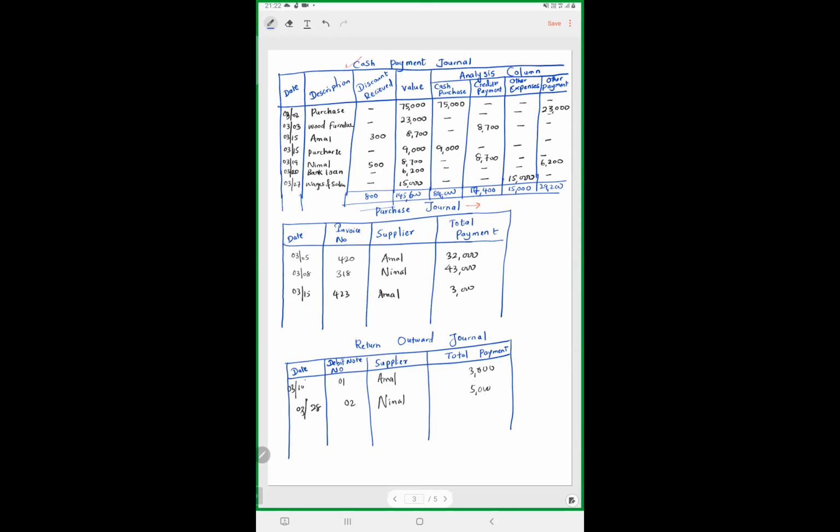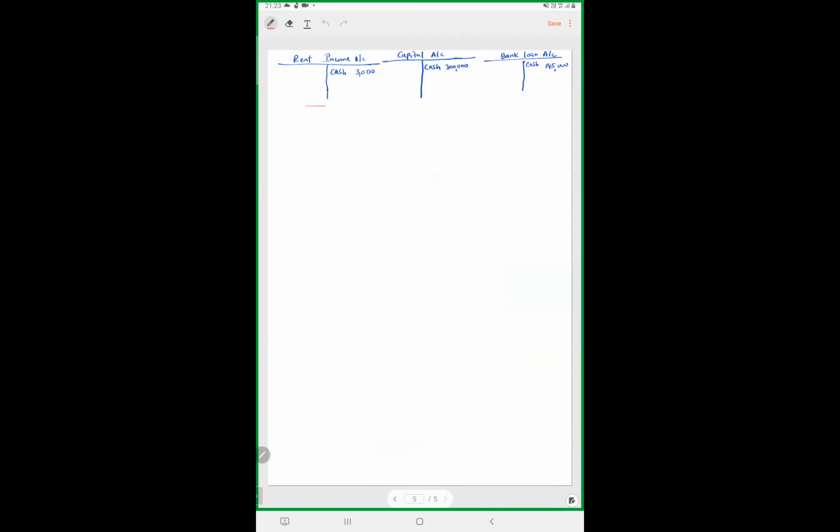The same procedure applies here as well, right? We need to prepare the ledger account for all the things. The first one is discount received. So we need to create the discount received account.